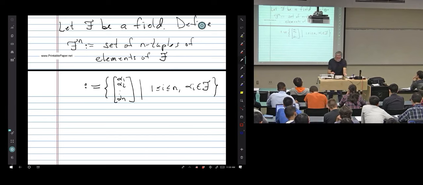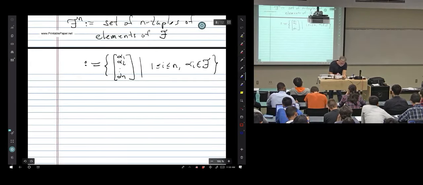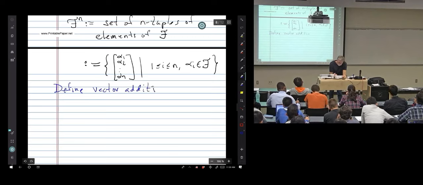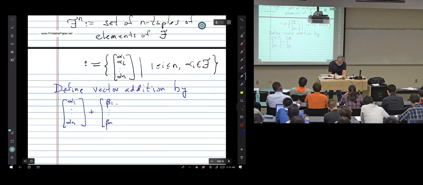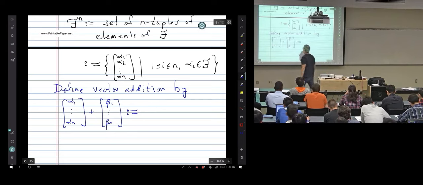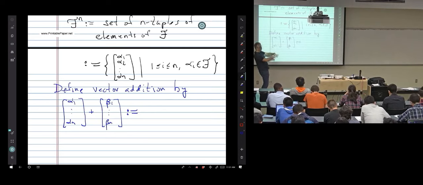Just to do this again and again so that it becomes second nature, define vector addition by: here's one n-tuple, here's another n-tuple, and I'm going to define the overloaded notation of plus by, anybody have an idea?